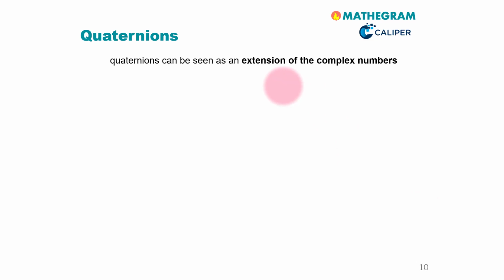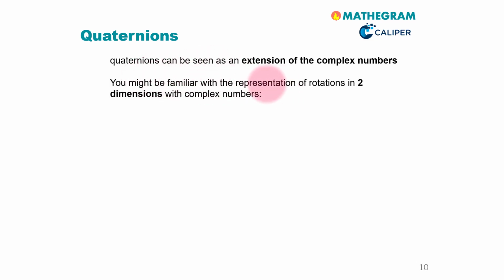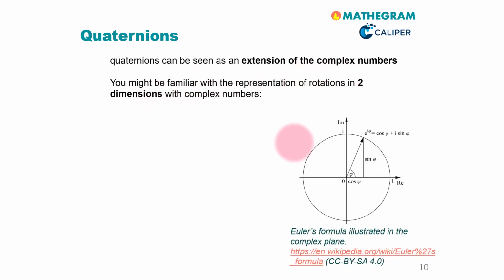A quaternion can be thought of as an extension of a complex number in 2D. You might be familiar with the representation of rotations in 2 dimensions with complex numbers. For example, here, if we have the real axis and an imaginary axis, we can describe a certain orientation in this plane by this angle phi.